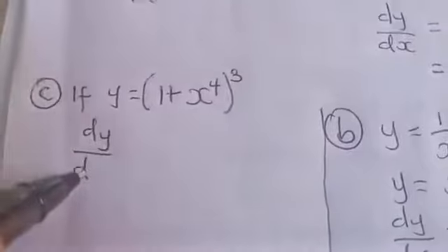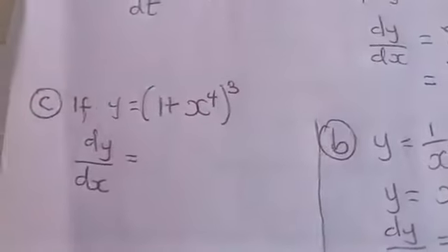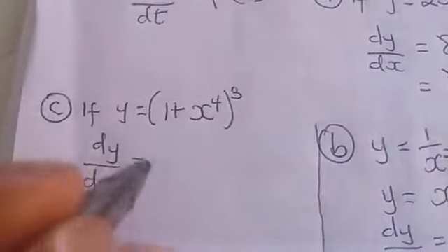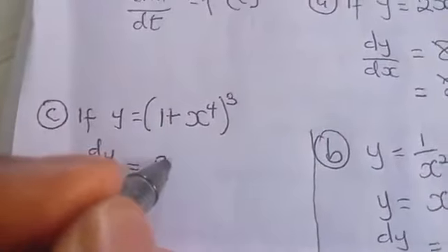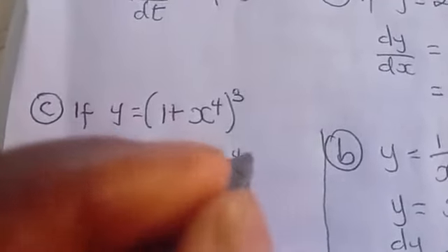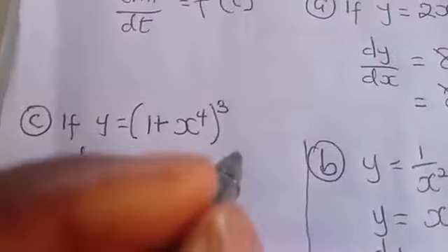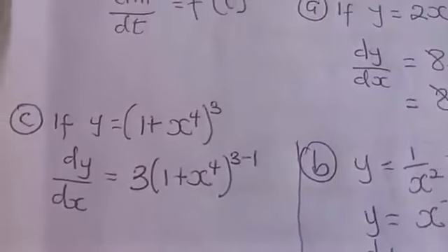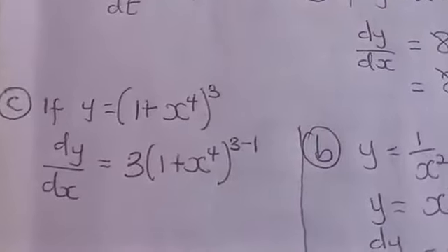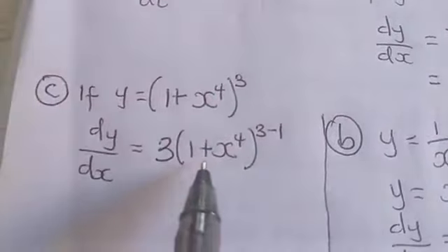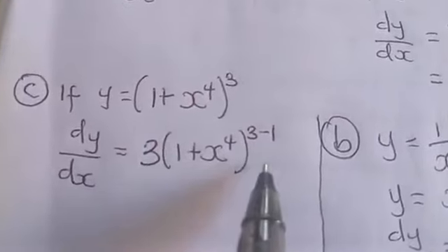dy dx will be equal to, remember the coefficient here is 1, so 3 will multiply that 1, so that we have 3 into 1 plus x raised to the power of 4. Then the power here we have 3 minus 1, right? So using chain rule, we are going to find the derivative of the content of this bracket, and multiply it with whatever we have here.